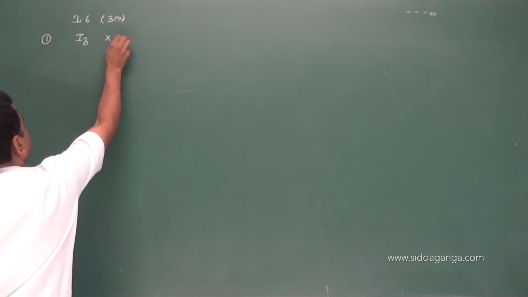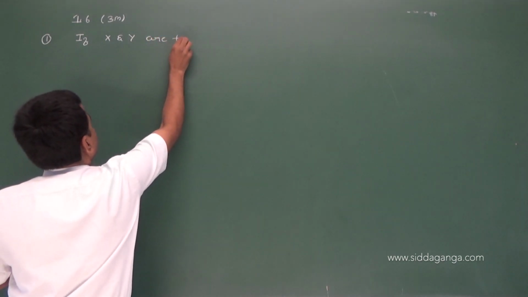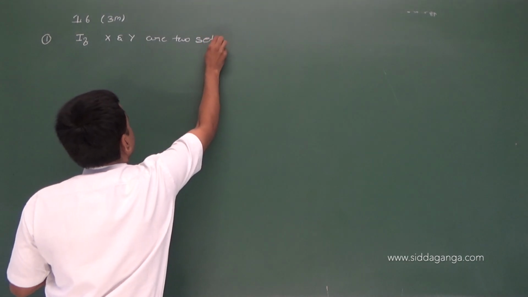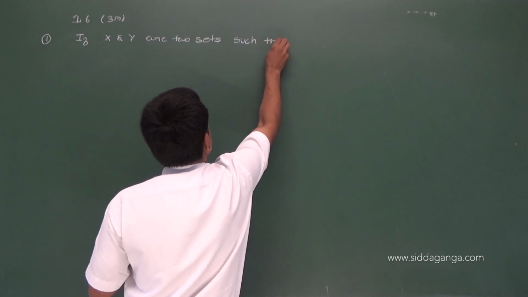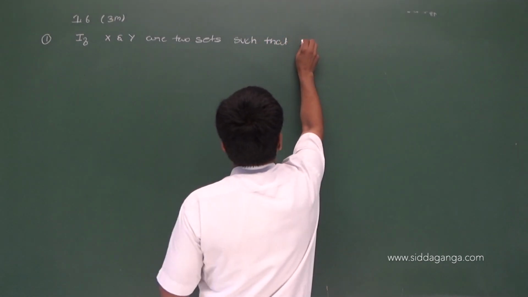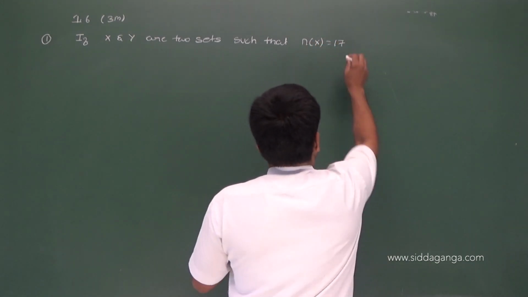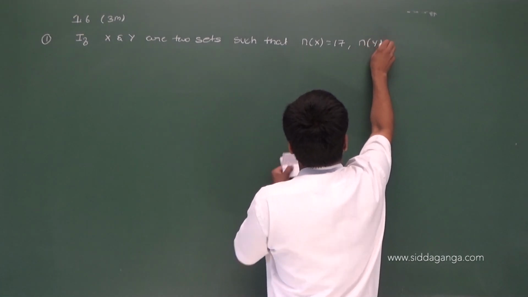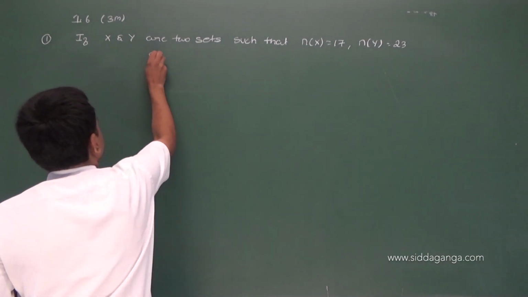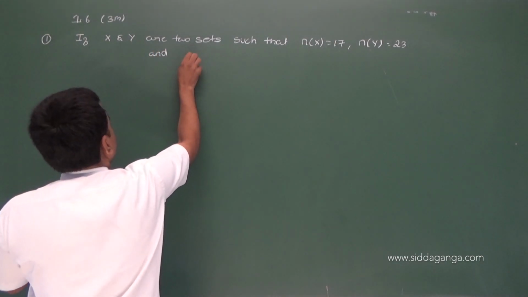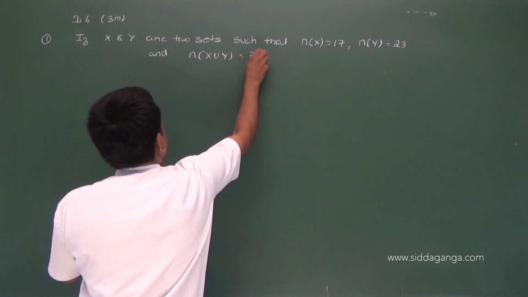If capital X and Y are two sets such that n of X is equal to 17, n of Y is equal to 23, and n of X union Y is equal to 38.